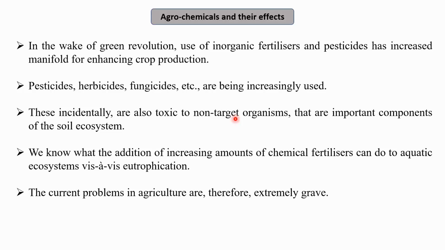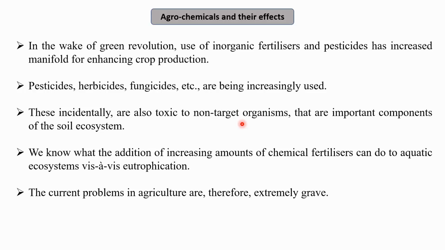Pesticides, herbicides, fungicides, etc. are being increasingly used for the increased production of food. However, these are incidentally also toxic to non-target organisms. So these may have harmful effects on humans or on the soil ecosystem, where they may harm the useful bacteria also.